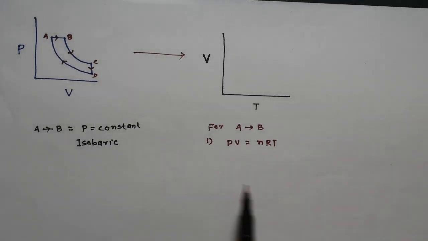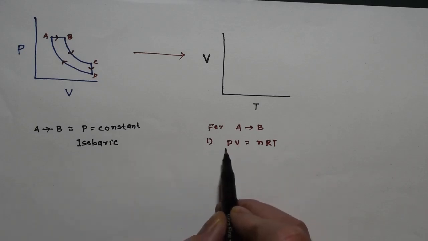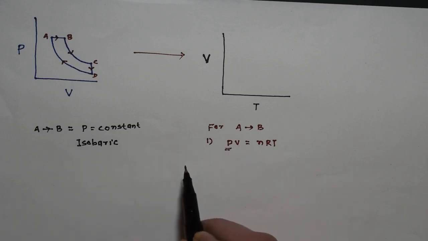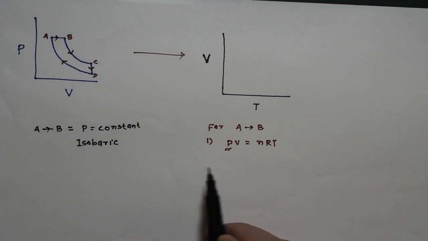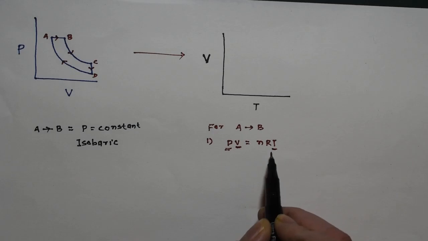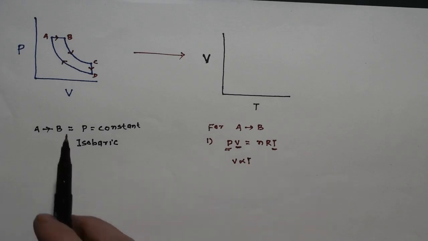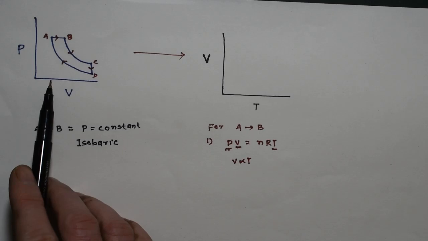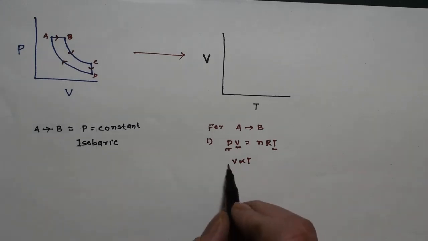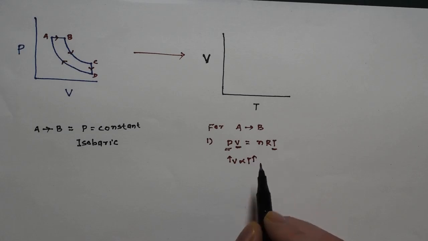In this process pressure is constant, that means volume and temperature are directly proportional. In the original graph, volume is increasing. That means if volume increases, temperature will also increase.